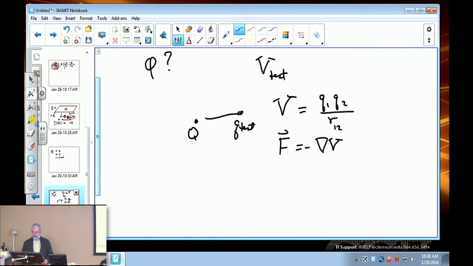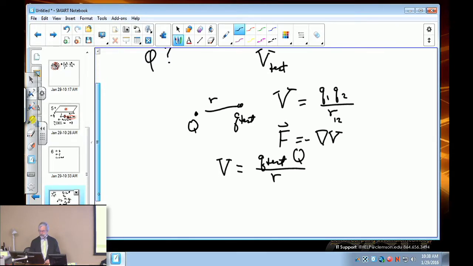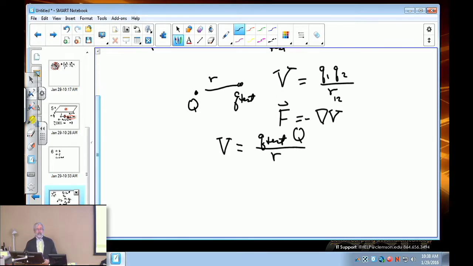And so the potential energy then is this, R from the test body, R from Q, okay? So I could measure the potential energy if I put this test charge in.